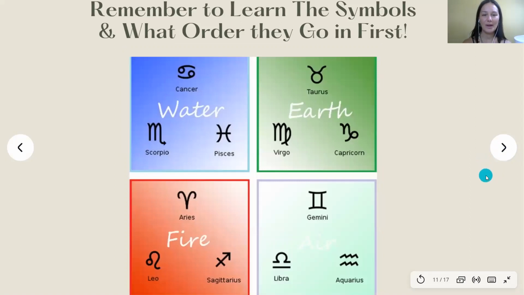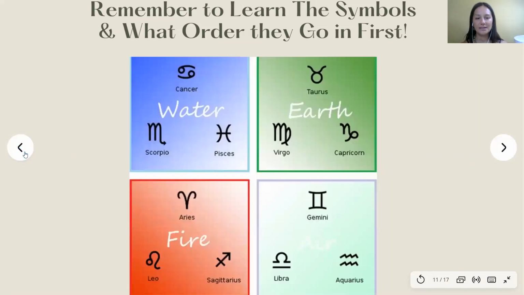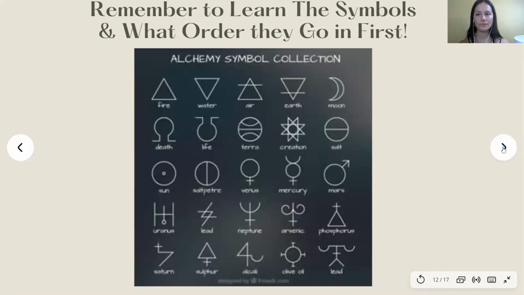Here's another way for you to memorize the different elements and zodiac signs. I'm going to go back to that just in case you want to pause on it. Here's another one. A little blurry. Don't really know what these are. There's always more to learn.